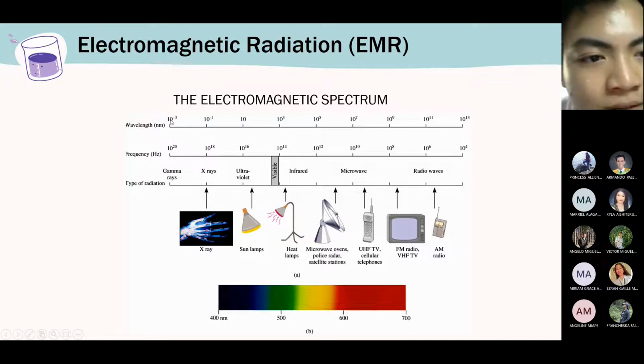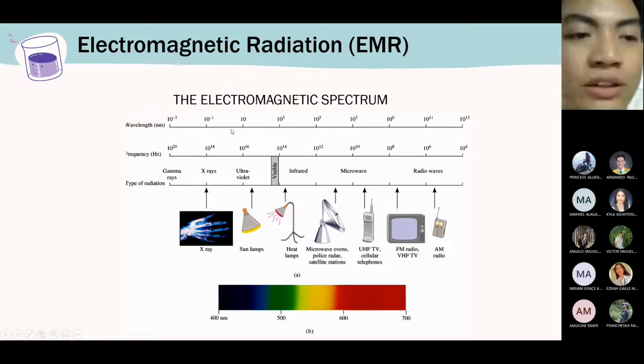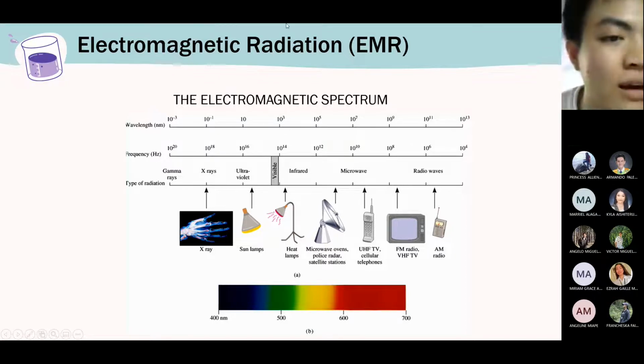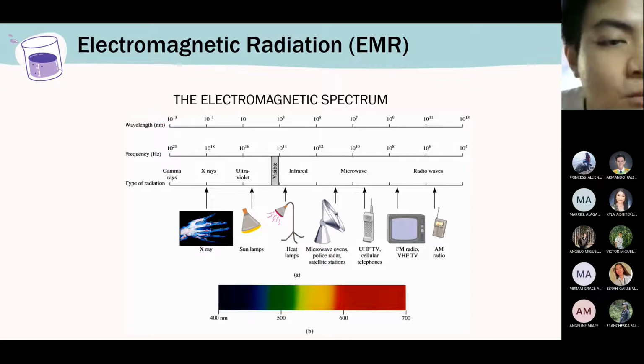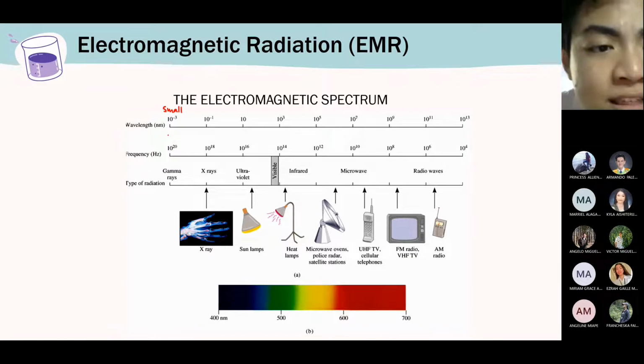Depending on the wavelength, the frequency is also different. What can you notice? Look at the numbers for the wavelength and the frequency. If you have a very small wavelength, the frequency is very high.